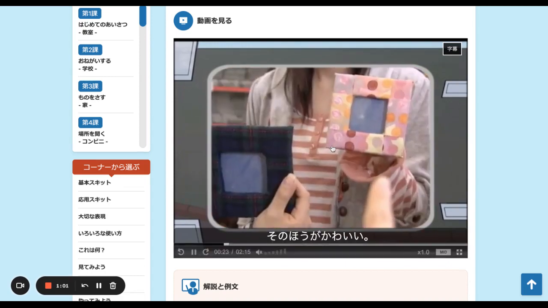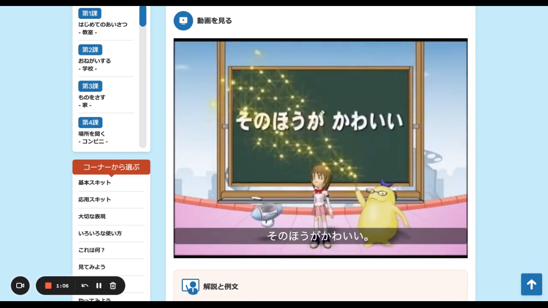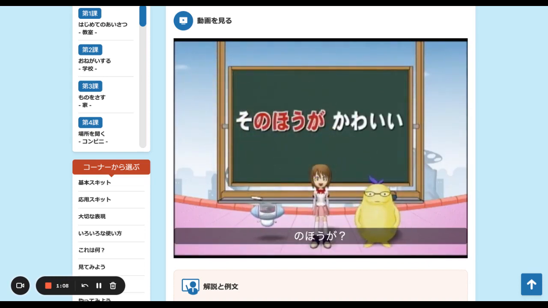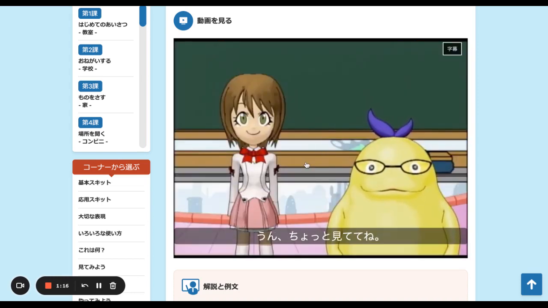Okay, why do I do the anime voice with this photo frame? So she's choosing between two photo frames, and she says something, の方が可愛い. So, の方が可愛いです is what you want to write down.